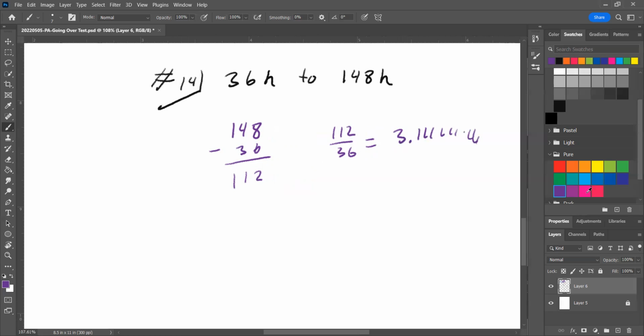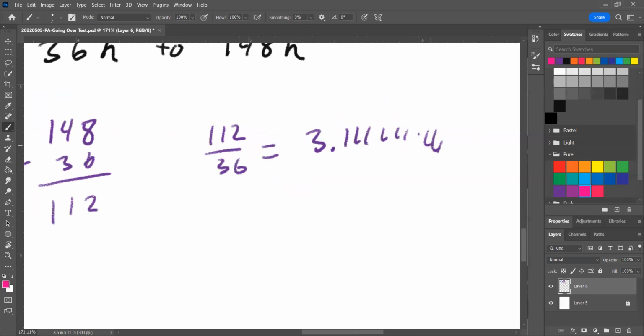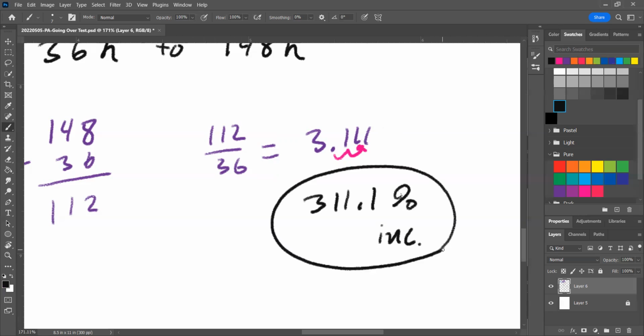So in order to convert that to a percent, what would you have to do? Move the decimal back once, twice. So the percent change is a 311.1% increase. I just forgot to convert it to a percent.